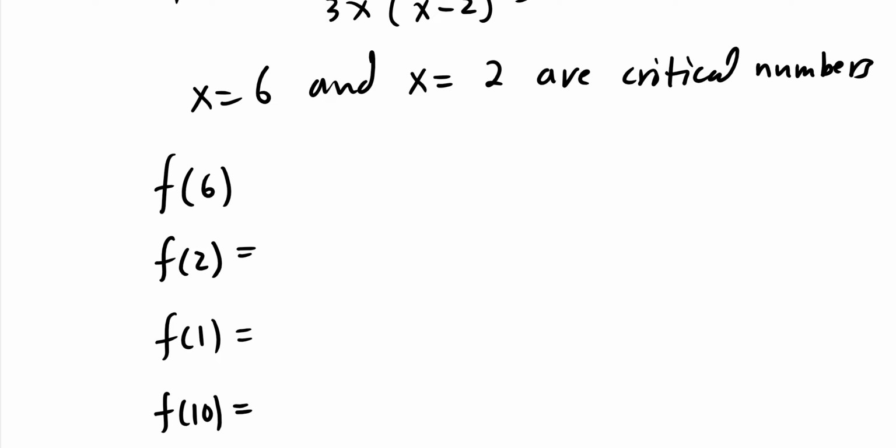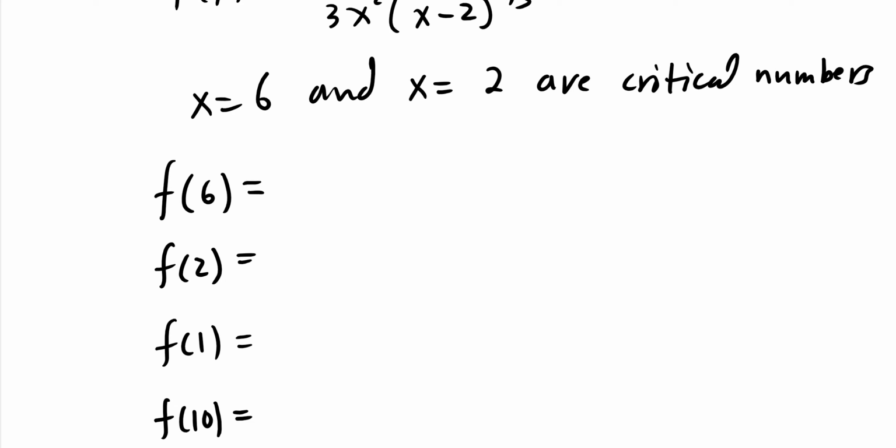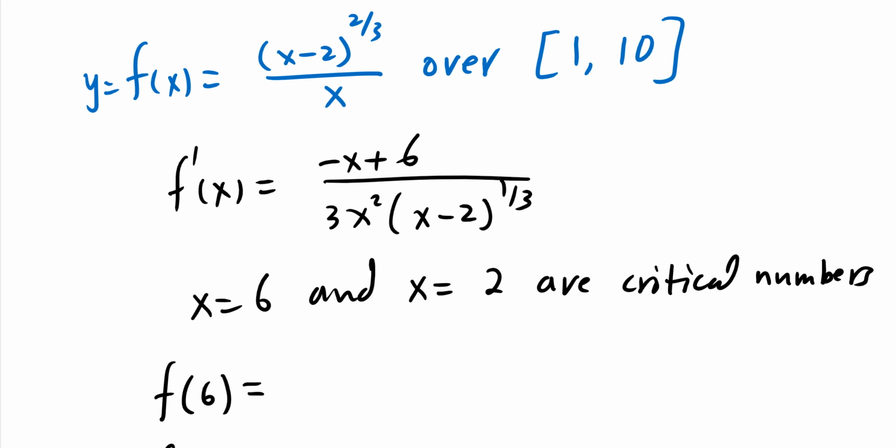Wait, let's check the critical numbers. 2 and 6, are they within 1 to 10? Yes. So this means we must substitute all of them into the original function, not the derivative, because you're finding f of 6. So that would be 6 minus 2 to the 2/3 divided by 6.